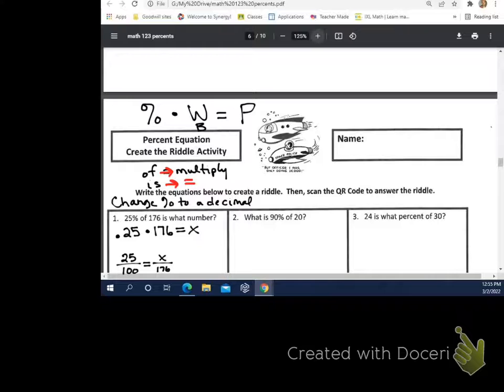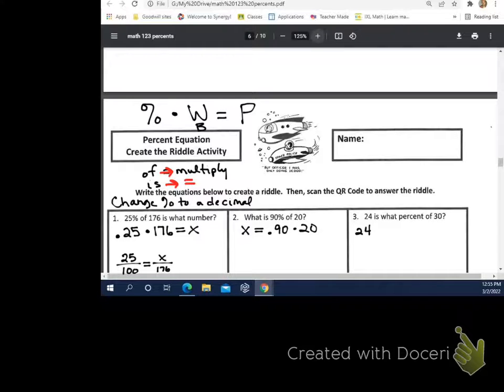So that's my x is equal 0.90 times 20. Or I could have simply said 0.9 times 20. So I'm going to set some more of these up with just the percent equation. And then just know, like, you could set any of them up with proportions also.